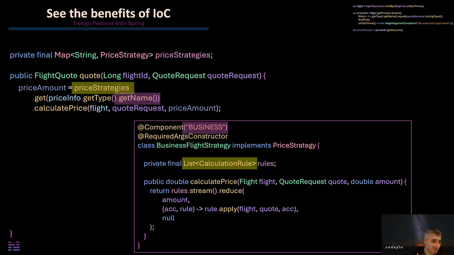Actually, I just take it by name. And this is a very, very powerful tool inside the inversion of control containers, that they can give you all your beans grouped by some abstraction, like the interface or the abstract class they extend or implement, and retrieve it to you in a map or any other iterable structure like list or set.